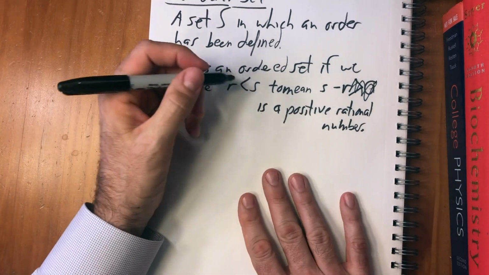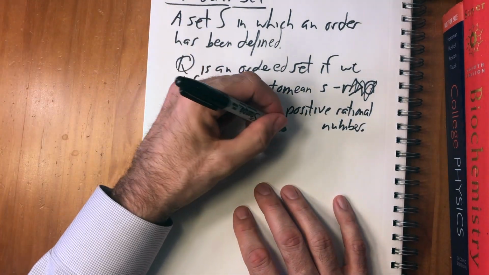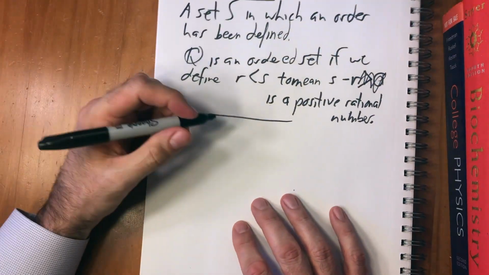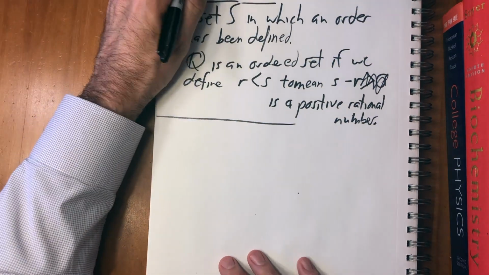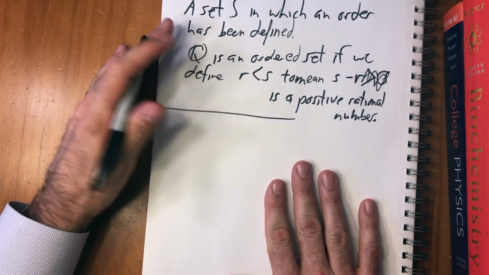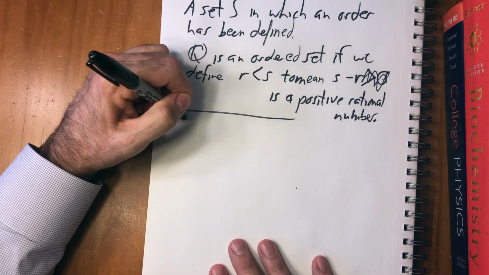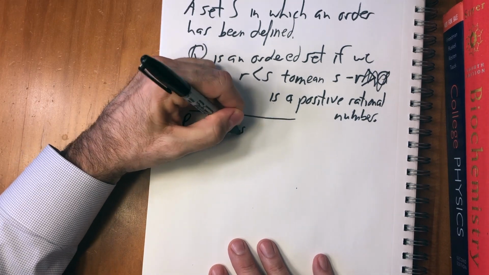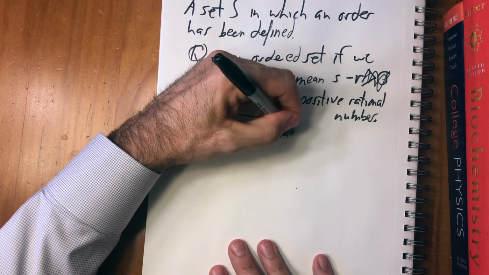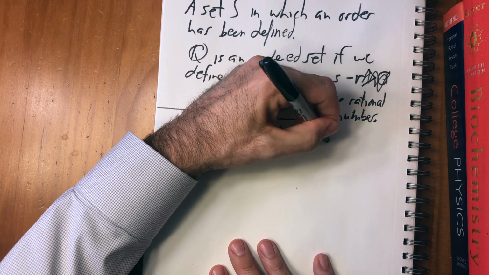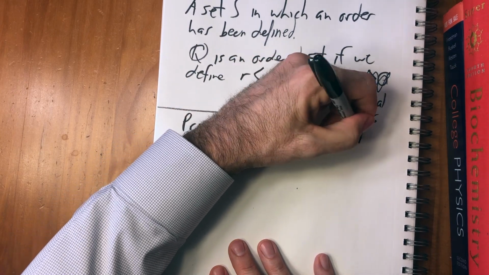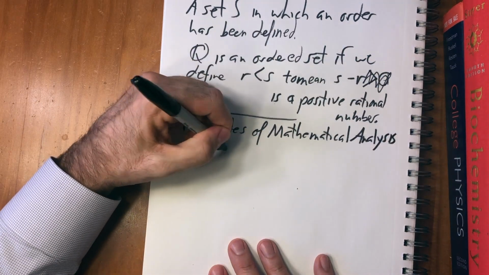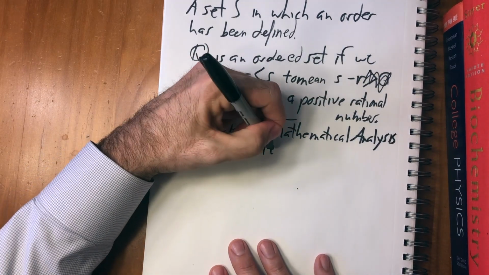Oh, and I should have said before, I mentioned this last time too, that the quintessential, canonical book on real analysis is called Principles of Mathematical Analysis by Walter Rudin.